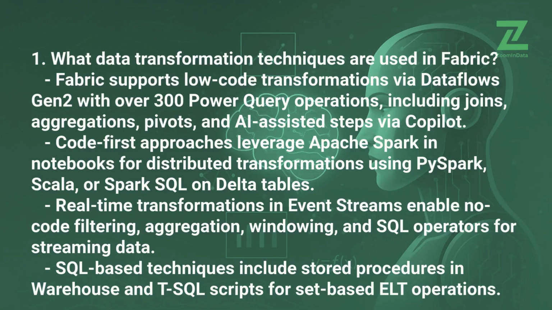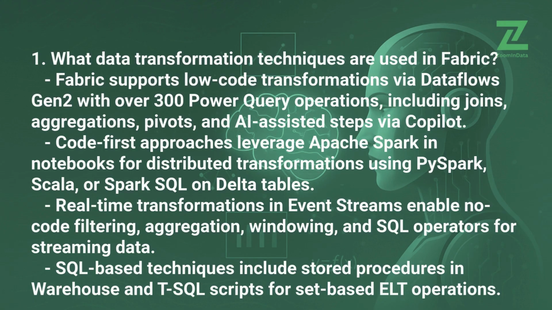1. What data transformation techniques are used in Fabric? Fabric supports low-code transformations via Dataflows Gen2 with over 300 Power Query operations, including joins, aggregations, pivots, and AI-assisted steps via Copilot.